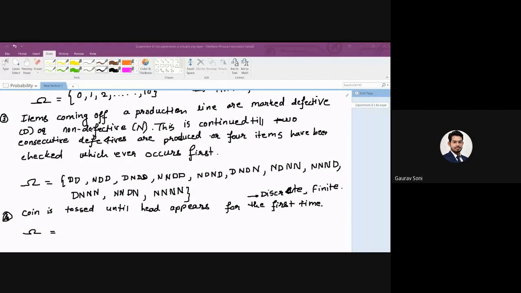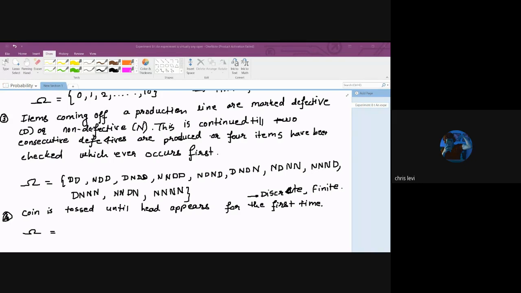Yash Bhatia. So can you repeat the question? I want the sample space when a coin is tossed until head appears for the first time.